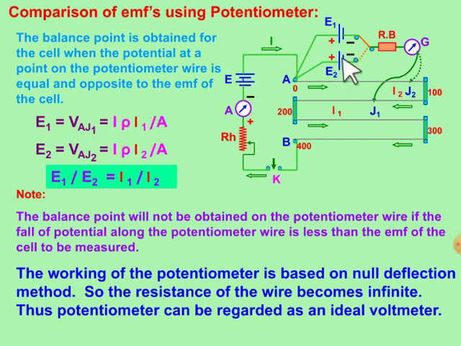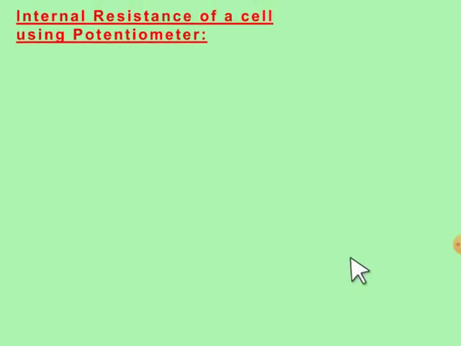As no current is drawn from the cell at the null point, the potential is the same, so no current is drawn, and the potential difference across this cell we call the EMF. So this EMF is the actual measurement of potential difference. Potential difference is measured by a voltmeter, so we can call this potentiometer an ideal voltmeter.